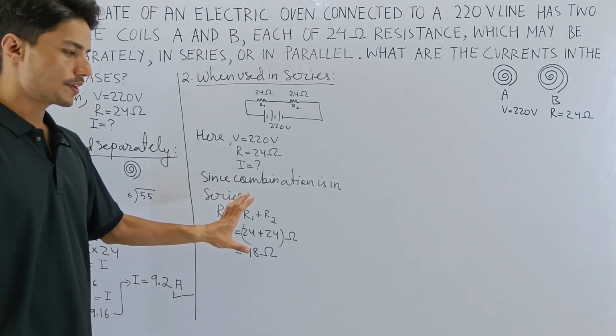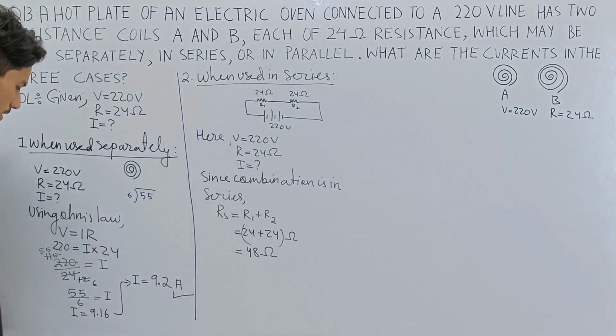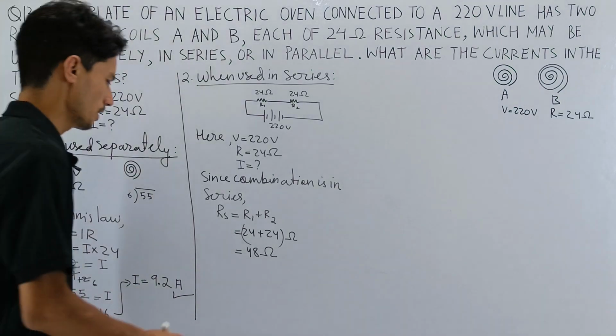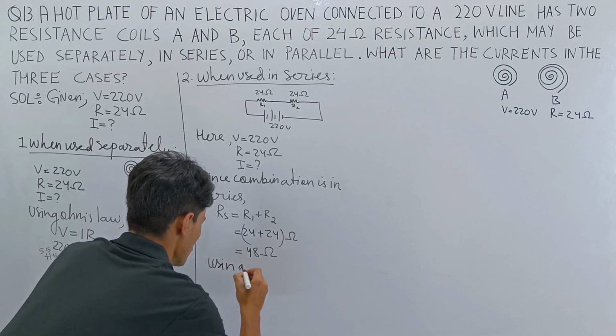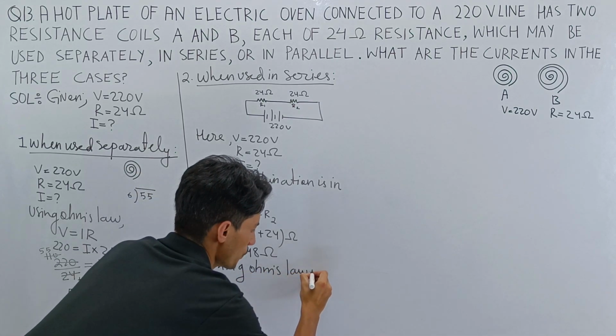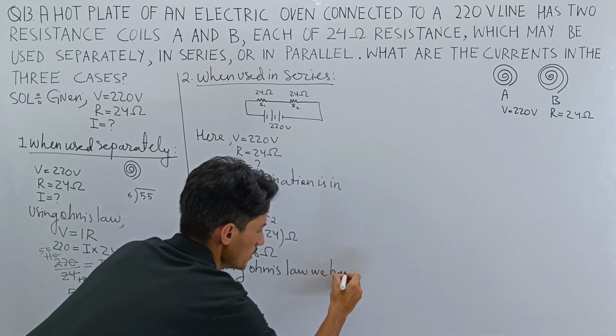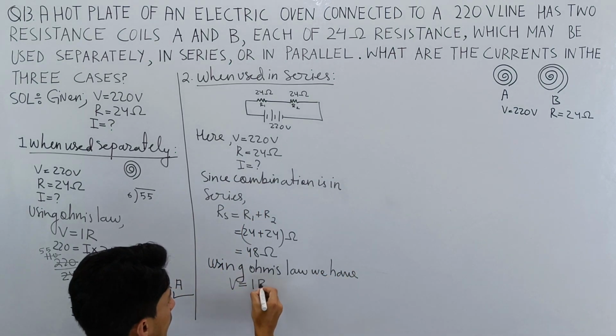Now we are ready to find current. So how will we find current? We'll be using the same formula, Ohm's law. So write Ohm's law, V is equal to IR.